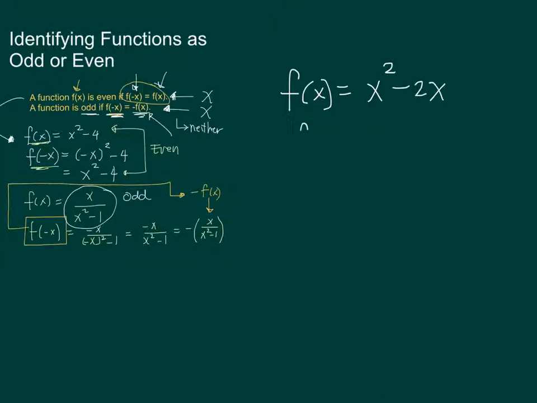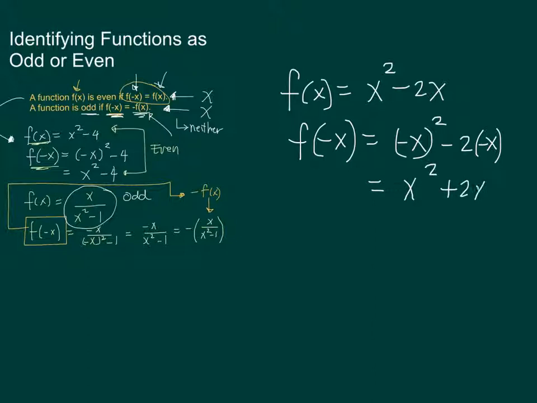So the first thing that we need to do is to identify what is f of negative x. F of negative x simply means the x becomes negative x. So I have 2 and then times negative x. Try to simplify the expression and you have x squared plus 2x.